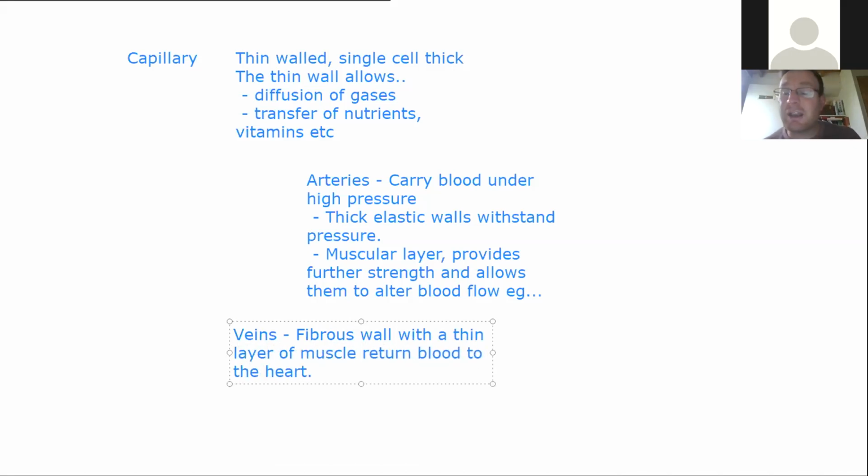They do have a thin layer of muscle, so when we start exercising, they just squeeze ever so slightly. A lot of blood we have is just sitting in our veins, and when we begin moving, they squeeze, which mobilizes and liberates a lot of blood. But they have this fibrous, quite baggy wall, and so they rely on muscle movement to bring blood back to the central heart.